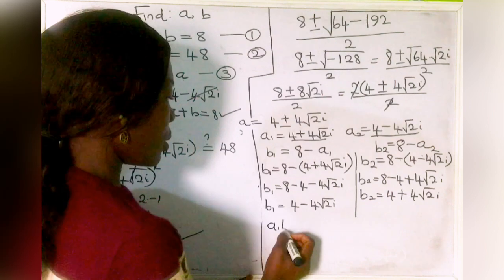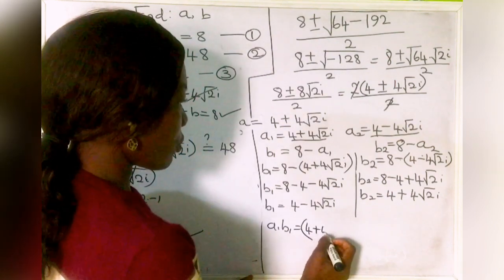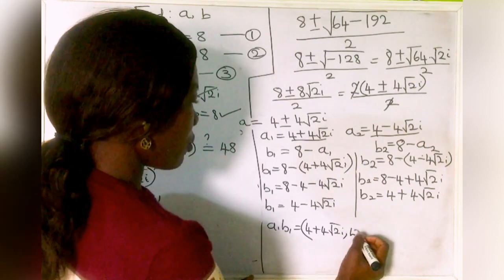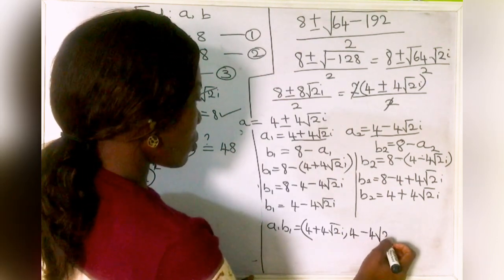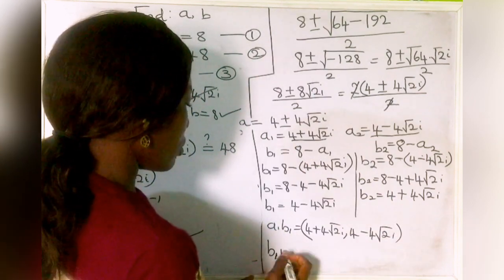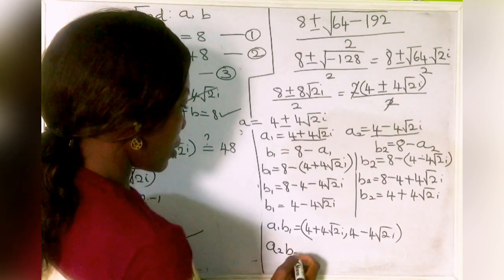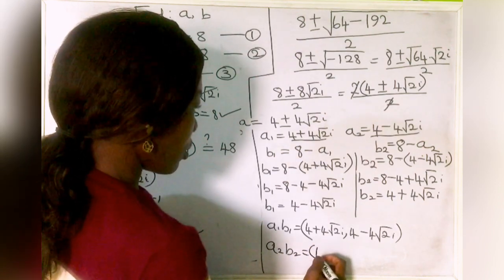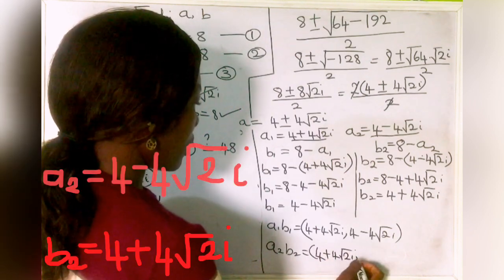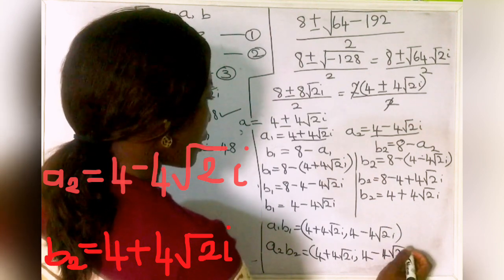Then our a1, b1 is equal to 4 plus 4 root 2i and 4 minus 4 root 2i. Then a2, b2 is equal to 4 plus 4 root 2i and 4 minus 4 root 2i.